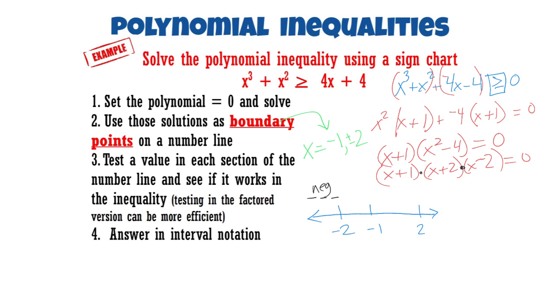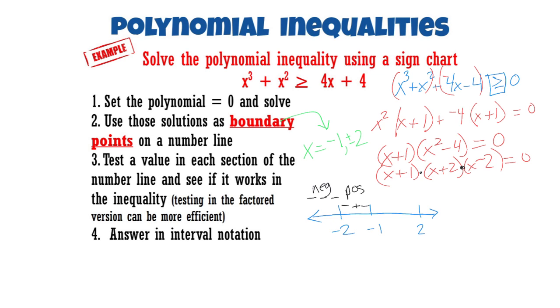In the second one, that's actually going to end up being positive because the 2 is bigger. And on the last one, I'll end up with a negative. So I have a negative times a positive times a negative. Those 2 negatives make it go positive, so this is going to end up positive in that range.